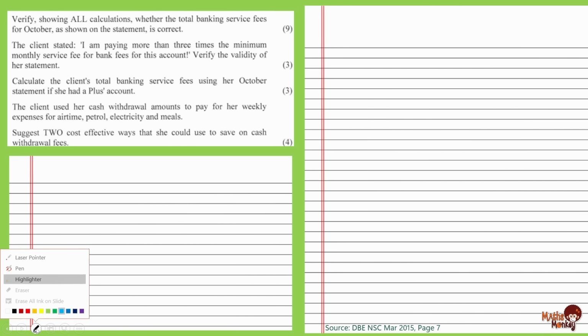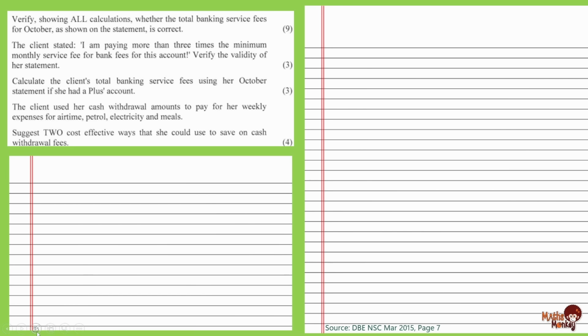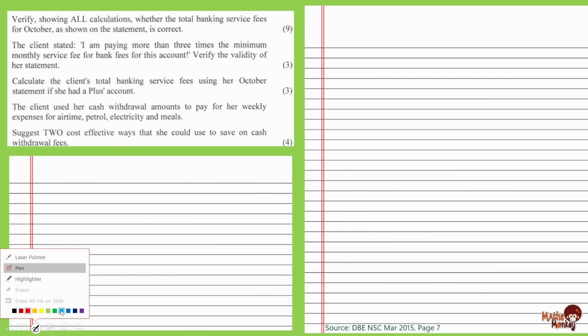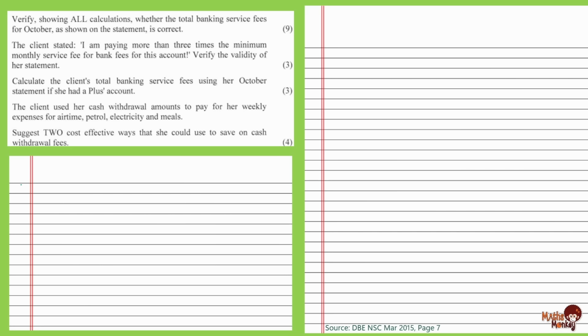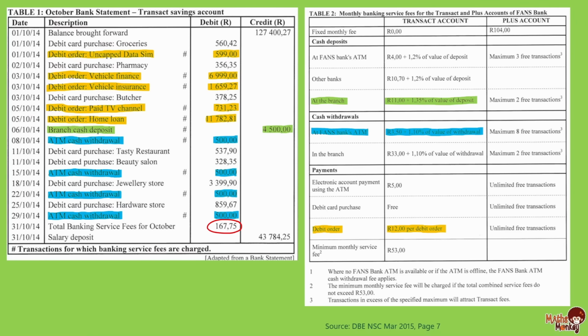Let me just change this to a pen now. Question 1. The first thing we're going to look at is the debit orders. Here there are 1, 2, 3, 4, 5 debit orders, and each debit order is charged at 12 Rand.